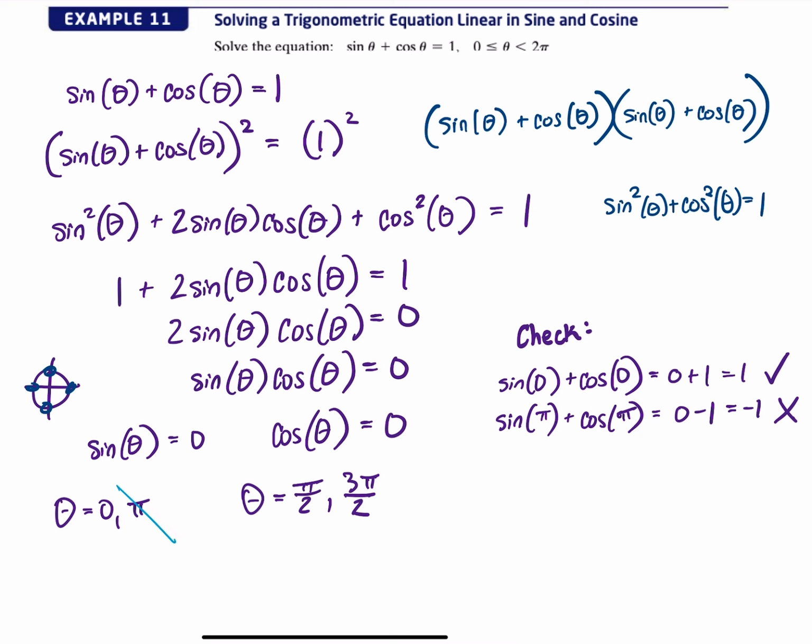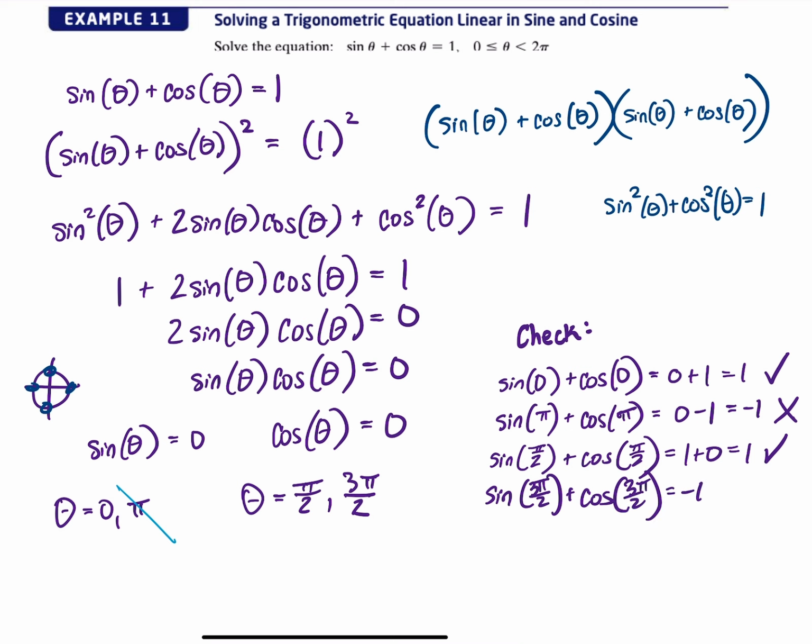Let's try pi over 2. Sine of pi over 2 plus cosine pi over 2. That is 1 plus 0, so positive 1. That one works out. And for 3 pi over 2, you can already maybe see what's going to happen. Sine of 3 pi over 2 plus the cosine of 3 pi over 2.